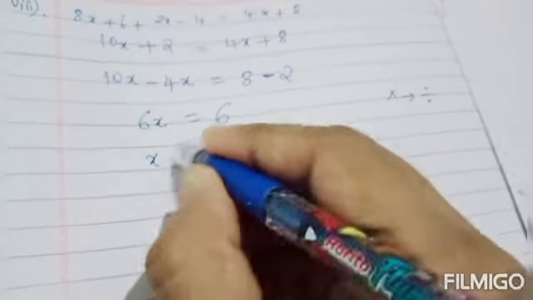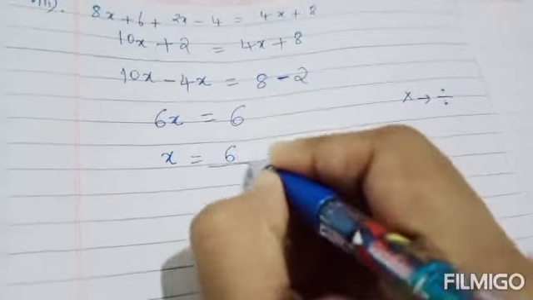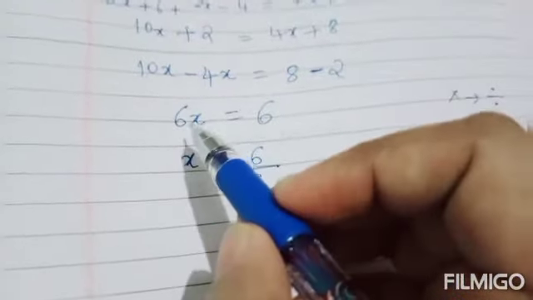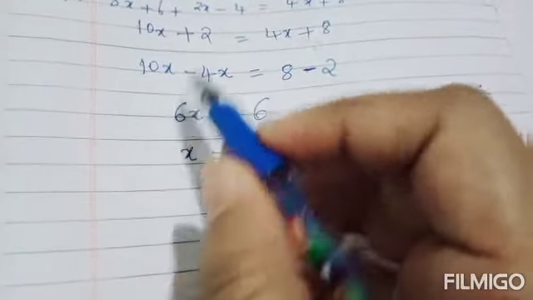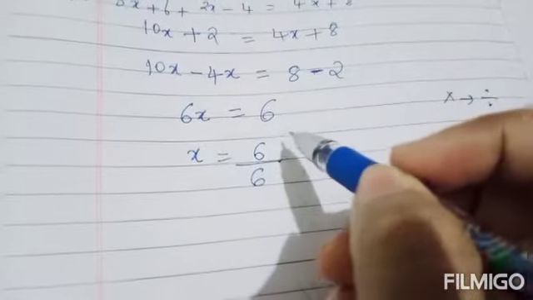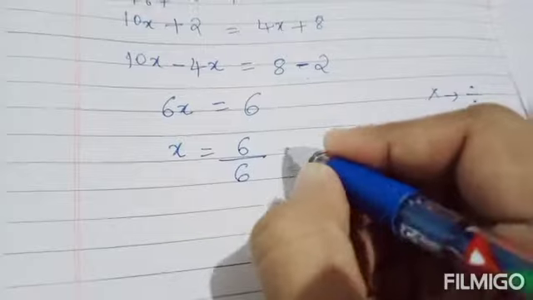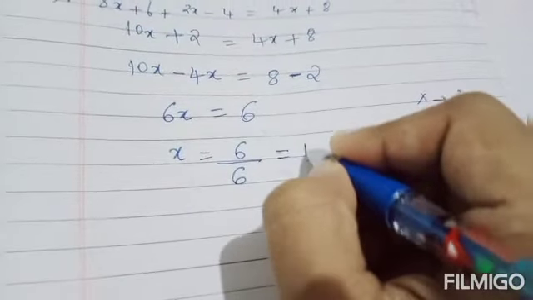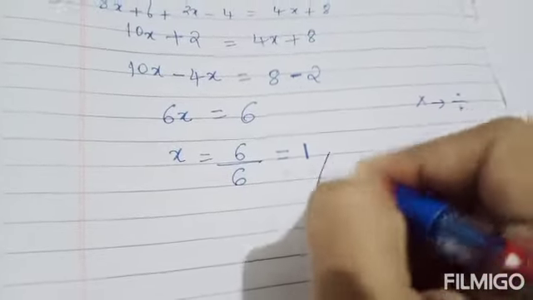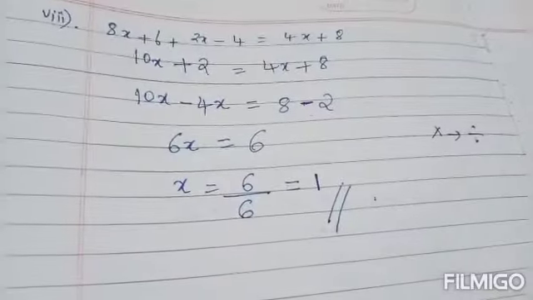So x equal to 6 divided by 6. So that is equal to 1. So x equal to 1 is the answer.